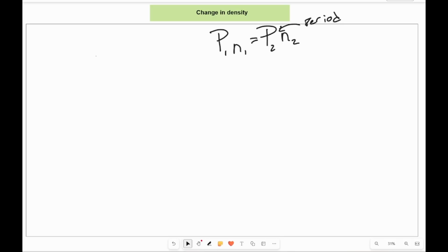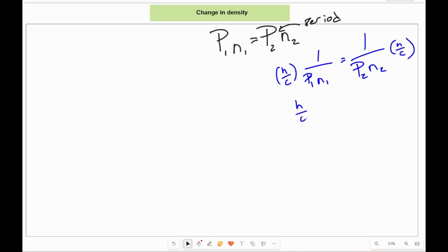And so we can do some little P1, N1. Now, if I want to multiply by, this essentially becomes h over c times frequency 1 over N1 equals.